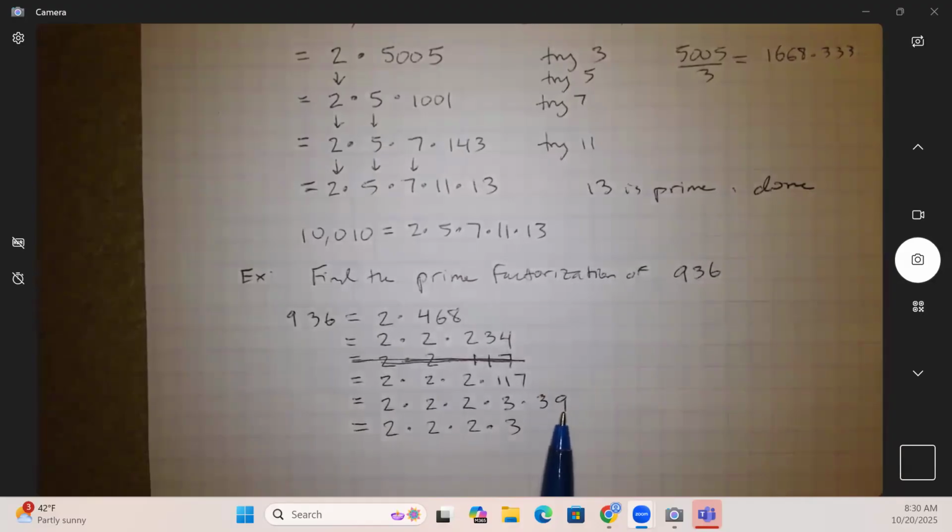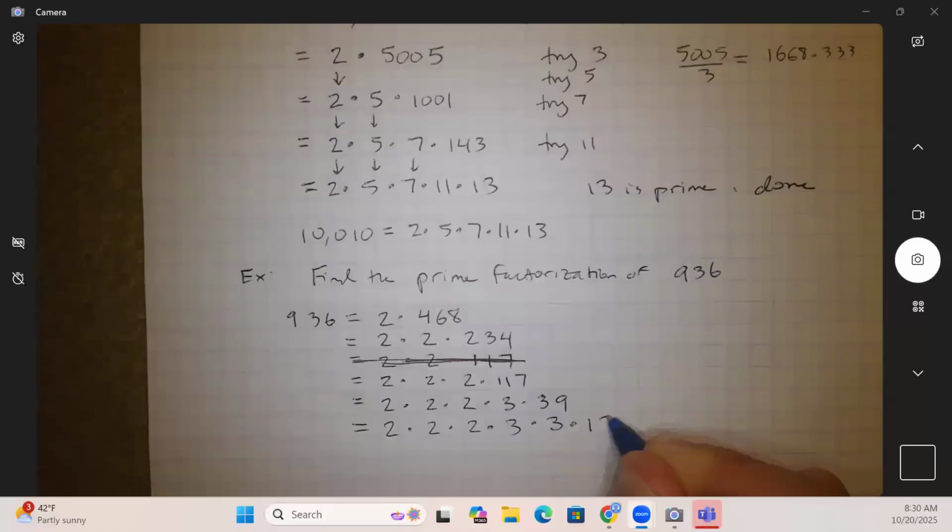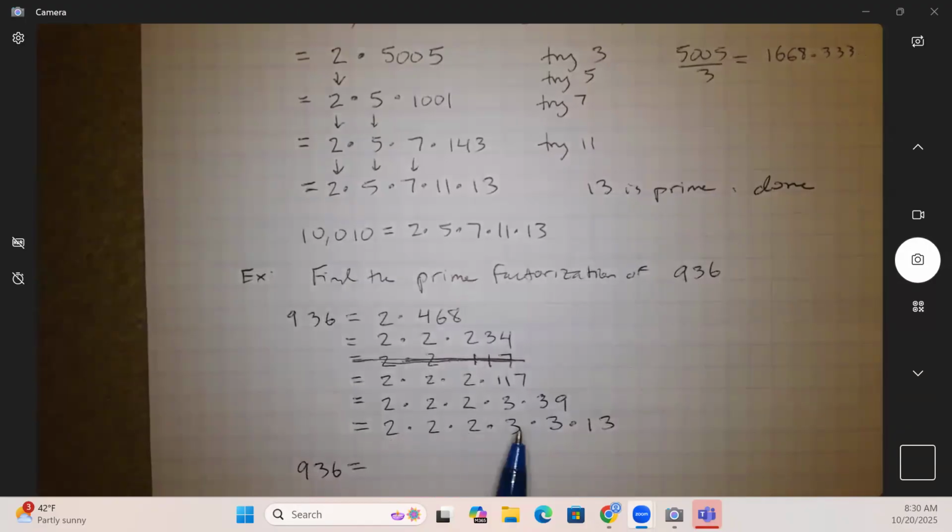You could try 7 and it wouldn't work. You could try 11 and it wouldn't work. But if you try 13, it would work, because 39 is 13 times 3. And just to keep things in order, we usually list our primes from smallest to largest, because that's the way we usually go about factoring by primes. So 936 is 2 times 2 times 2 times 3 times 3 times 13.